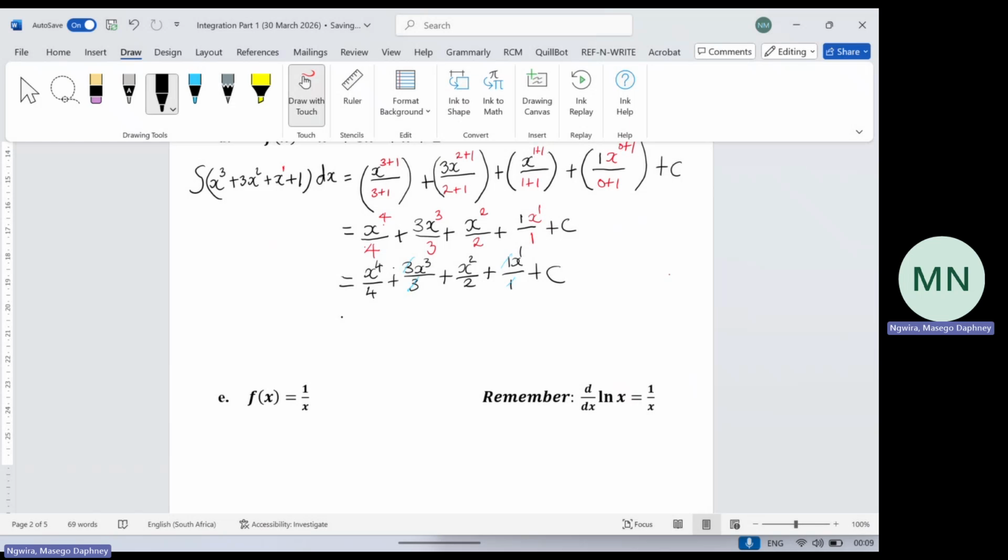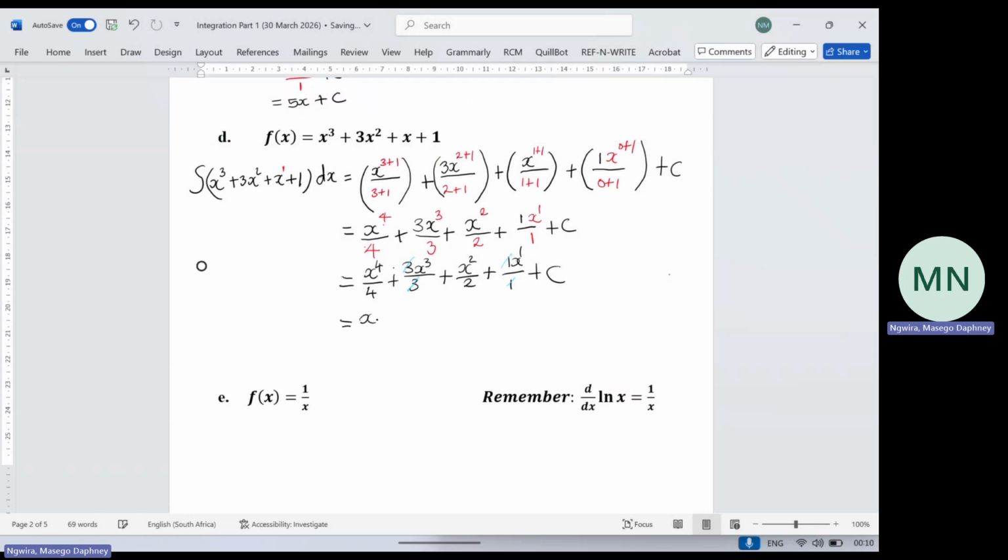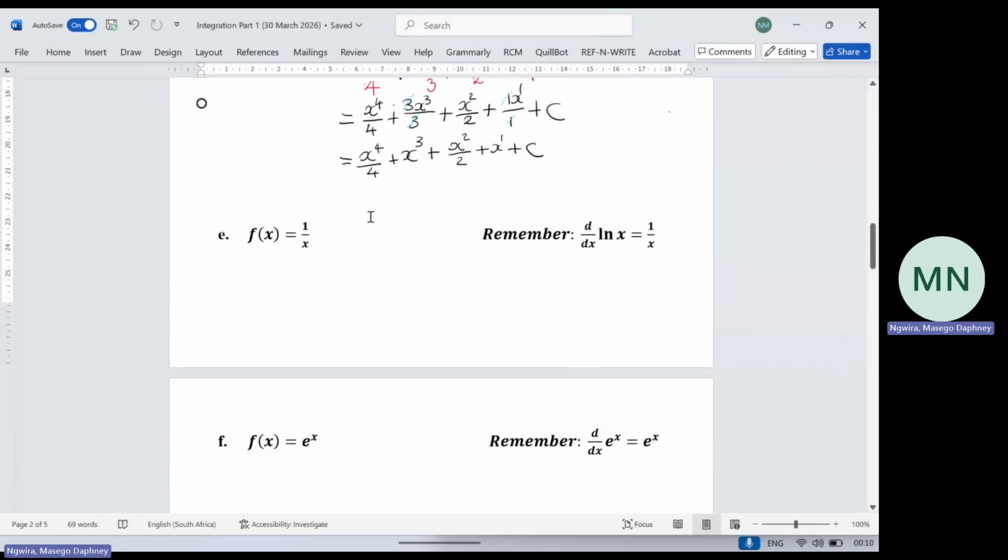So we are going to end up having x to the power of 4 over 4, then plus x to the power of 3, then plus, you can say 1 over 2, if you want, just say x to the power of 2 over 2, and then plus x to the power of 1, then plus c. You don't need to write the x to the power of 1, by the way. Okay. All right. And then now we move on to this one.